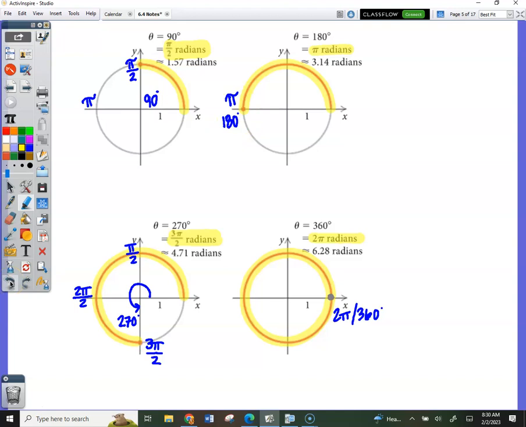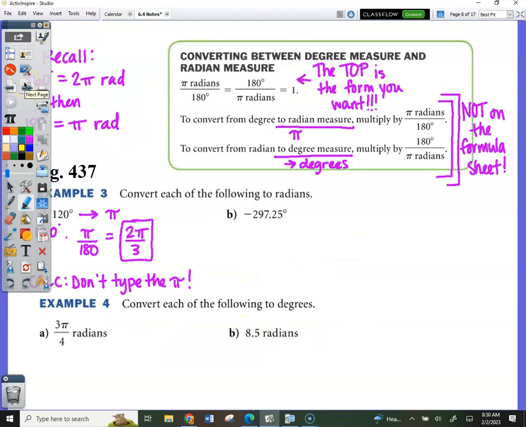So if you stack them in the same fraction, because they're equivalent, that means that they're actually equal to 1. So when you are converting, you're not actually multiplying by a number that is changing its value. You're multiplying by a 1. It's just coded, I guess you could say.